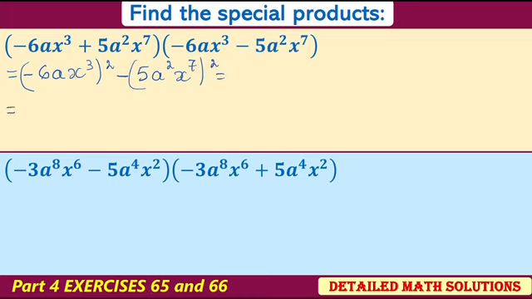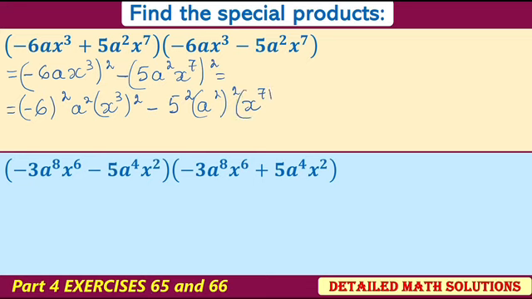When I distribute the exponent, I have minus 6 squared a squared x to the third power in parentheses squared minus 5 squared a squared in parentheses squared x to the seventh power in parentheses squared. This simplifies to 36 a squared x to the sixth power minus 25 a to the fourth power x to the 14th power.